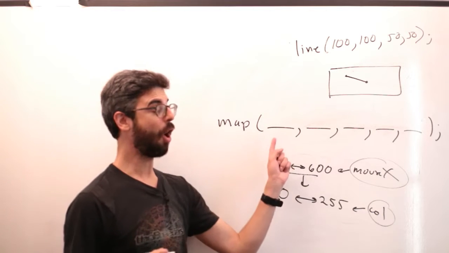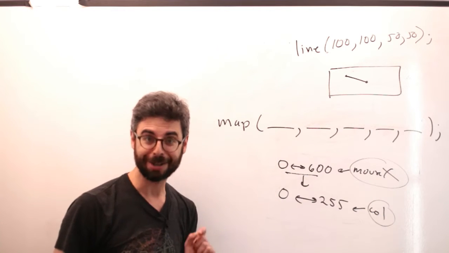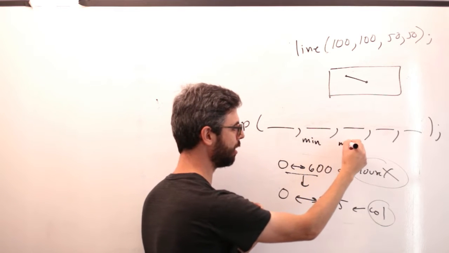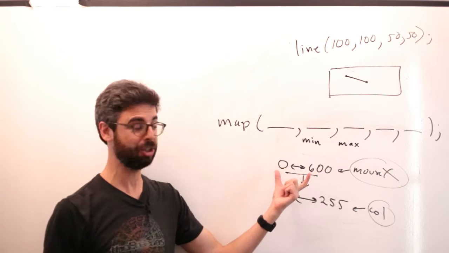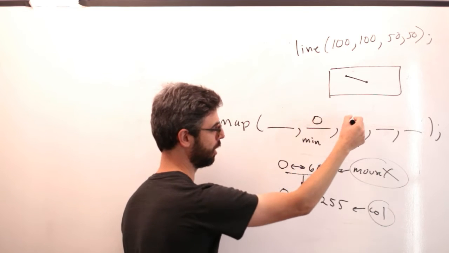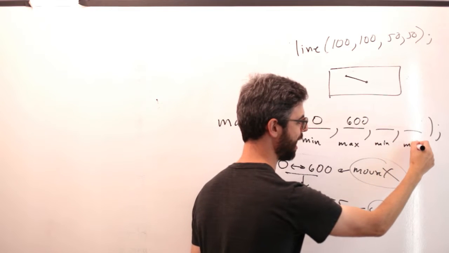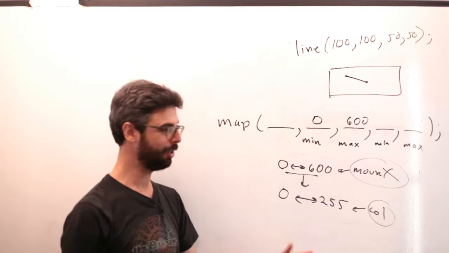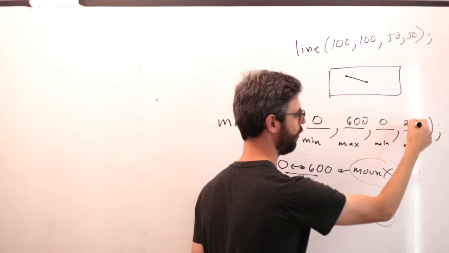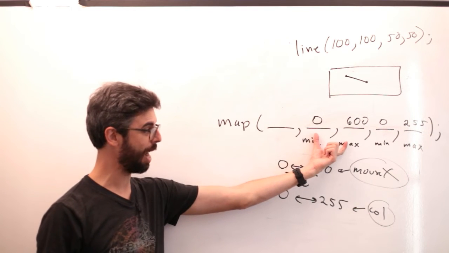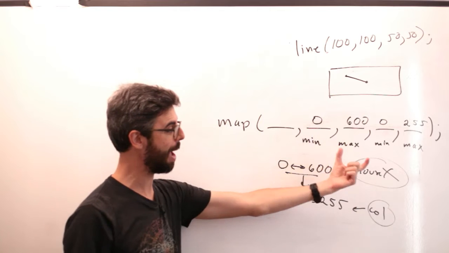So the arguments that map requires are the following. What is the minimum and maximum of my current range, 0 to 600? What is the minimum and maximum of my new range, 0 to 255? And what is the value that has this range and which I want to map to the new range?